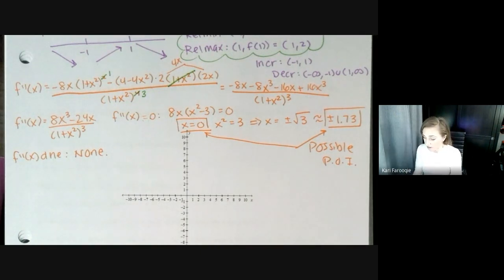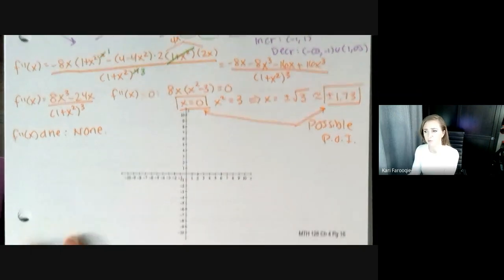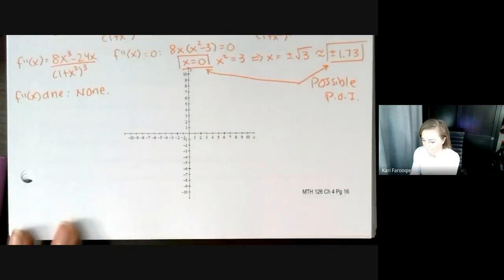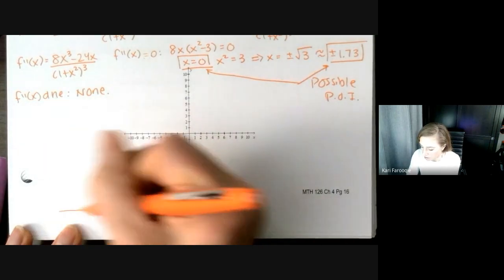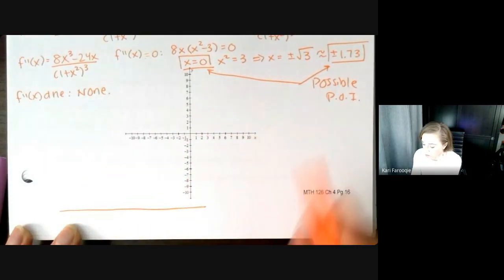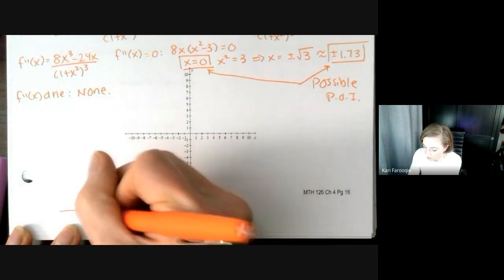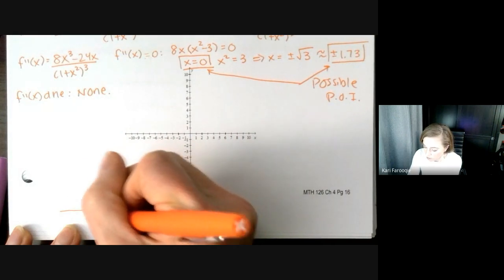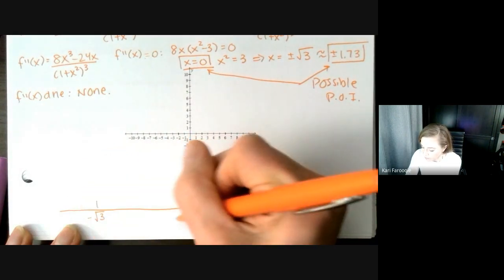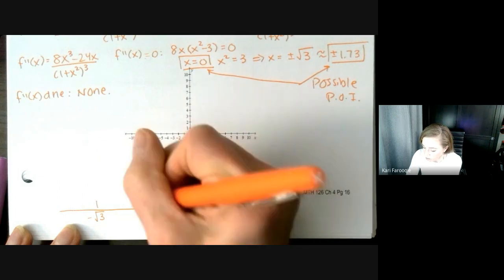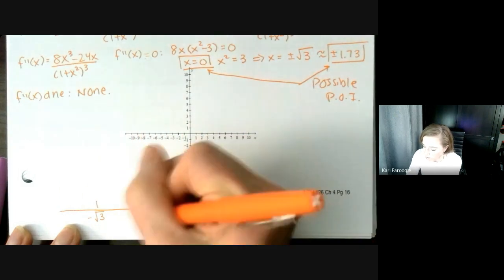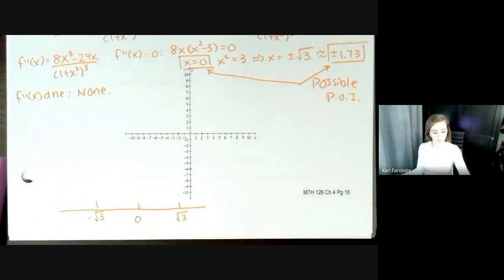I need to do a sign analysis. We're going to do this on the bottom because that is the only place I really have space to do this. So let's go ahead. We'll include the smallest one at negative square root 3, the largest one at the square root of 3, and in the middle we have 0. And then we'll test some values between here.